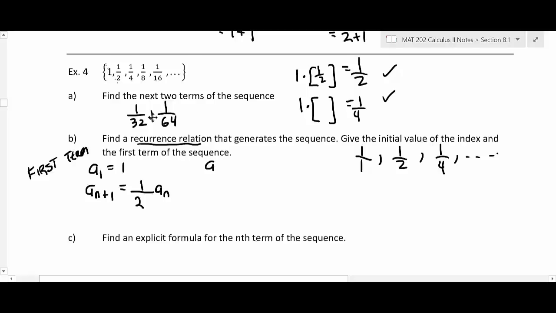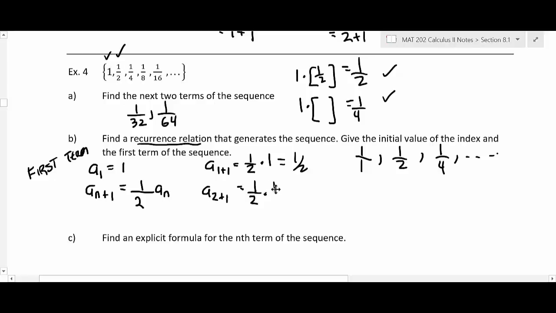If we do the second term, a sub 1 plus 1, we'd have 1/2 times a sub 1. But a sub 1 is equal to 1, so that would give 1/2, so that would give the second term, right? If we go to the next term, we would do a sub 2 plus 1, so we would be doing 1/2 times whatever a sub 2 is.